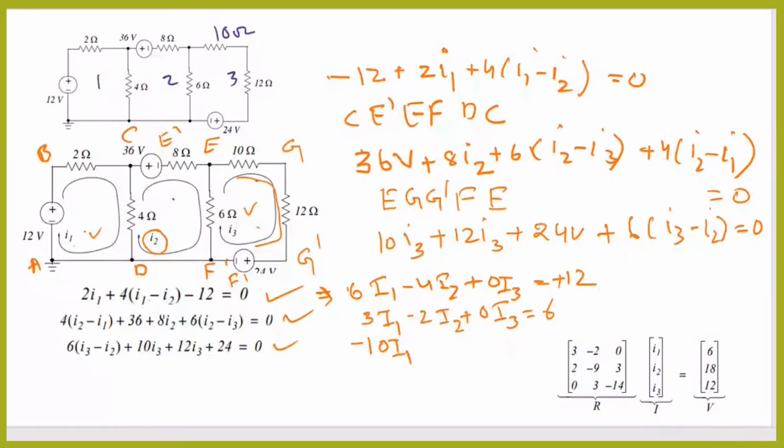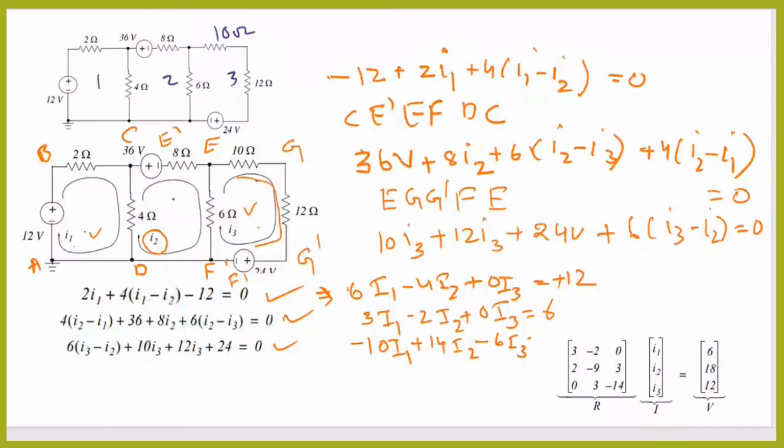And how many I3s? Only one, minus 6I3, is equal to minus 36. What value do we multiply by? By 1 by minus 2.